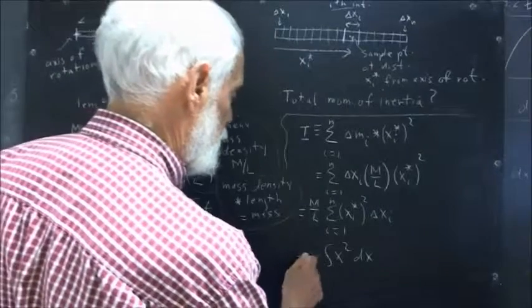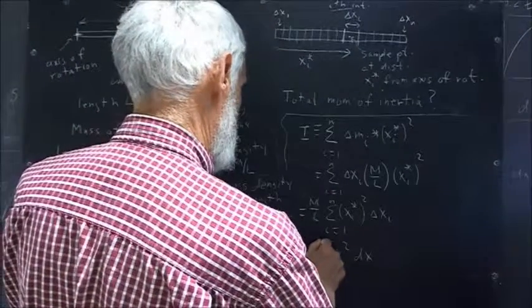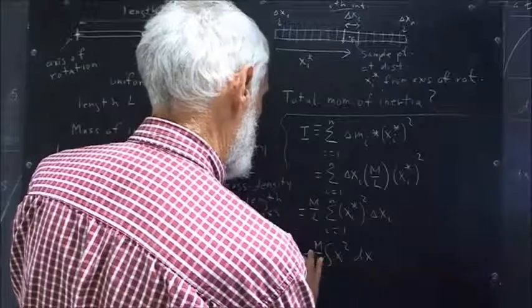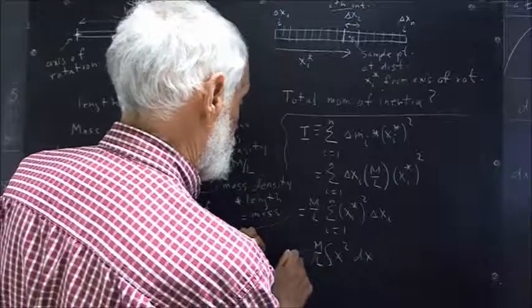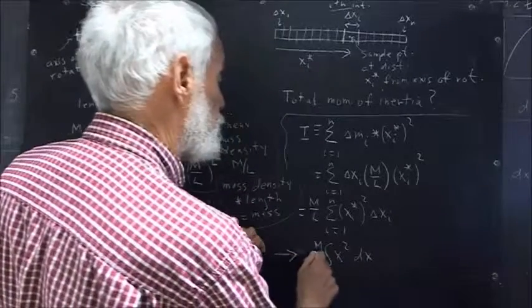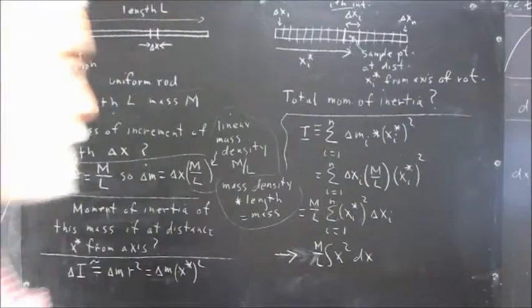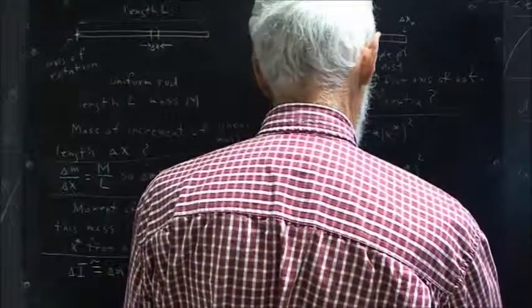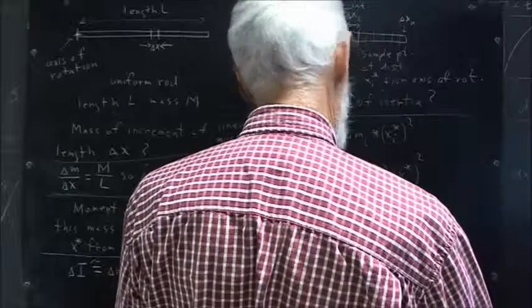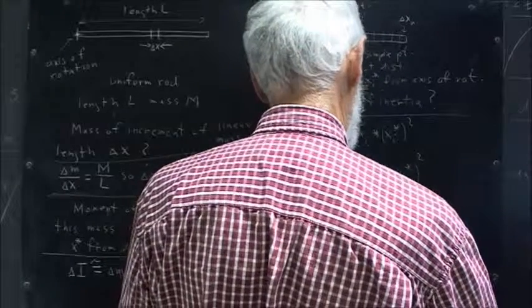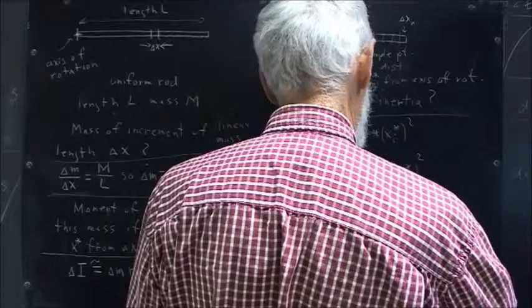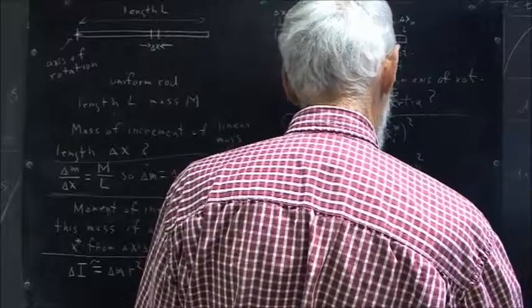Just let it be messy. This approaches m over L times the integral of x squared dx, which is m over L times x cubed over 3.